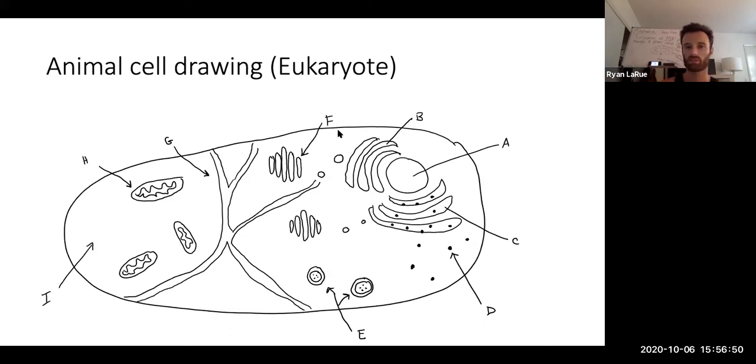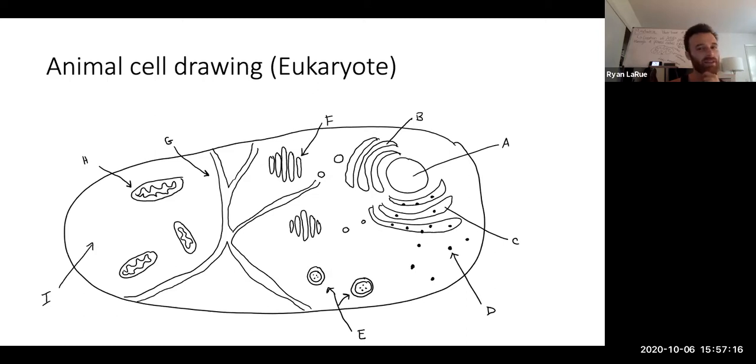Poppy seed versus plain bagel. How about G? Kind of tricky, but the hint is I just talked about it. Yeah, cytoskeleton.